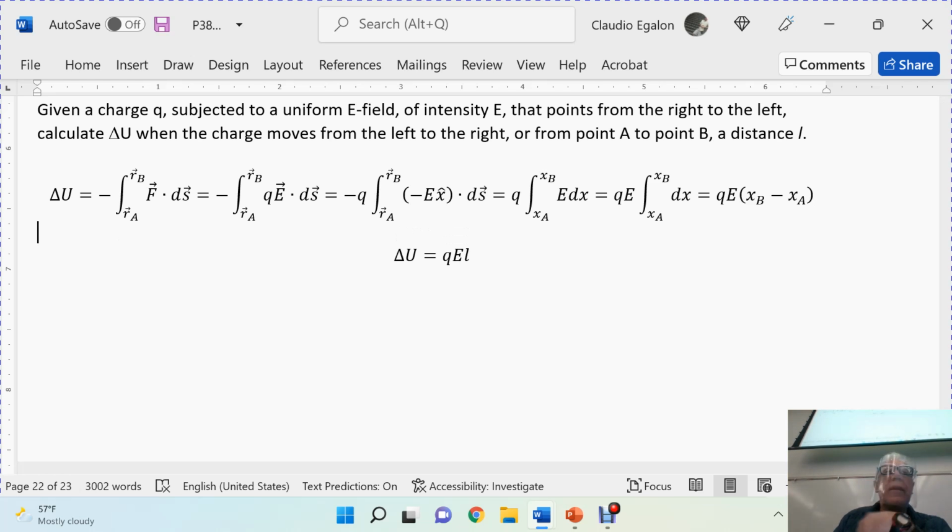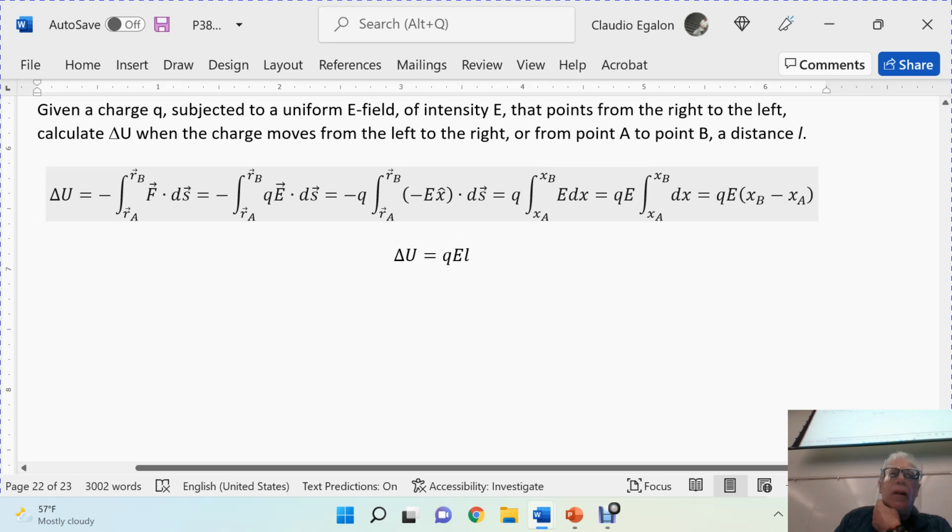Okay, given a charge Q subject to a uniform electric field that points from the right to the left.